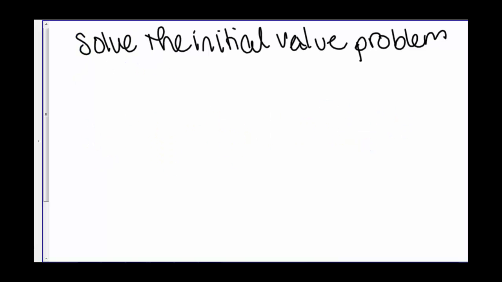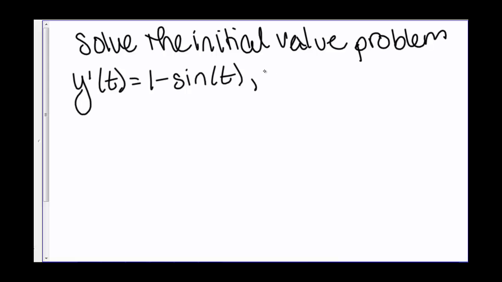So let's say we're told that y'(t) = 1 - sin(t), and we're given an initial condition y(π/2) = 0. This is similar to solving our acceleration, velocity, position antiderivative problems. So first we need to find the general solution to the differential equation.